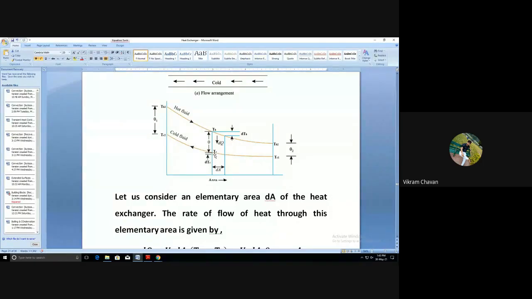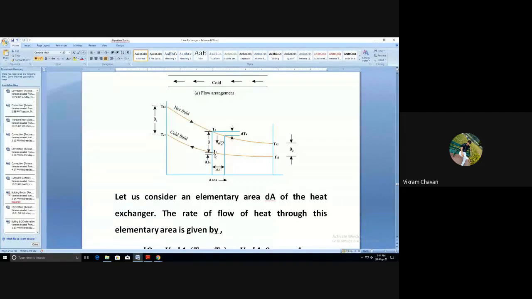So in a similar fashion as we considered in the parallel flow arrangement, we have to consider one small elemental area of the overall heat exchanger, for observation purposes. In this elemental area, this elemental dA, the inlet temperature for the hot fluid we consider as TH.